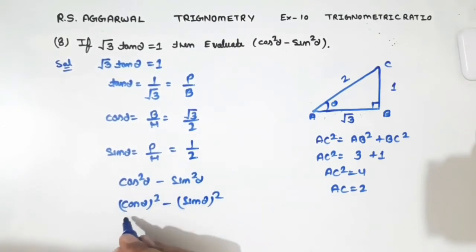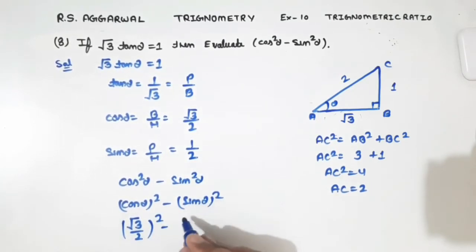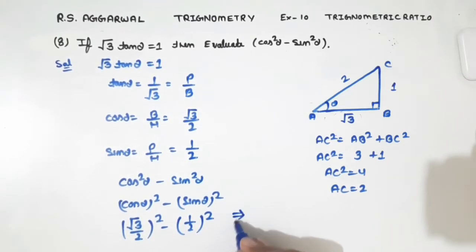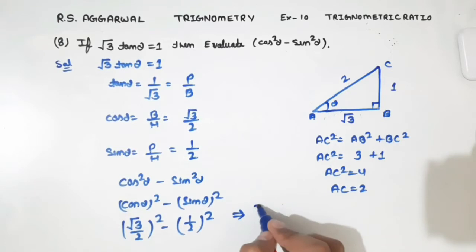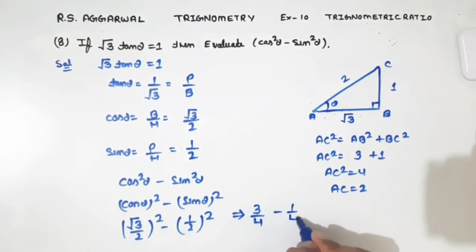So cos theta is under root 3 upon 2 whole square minus sin theta, that will be 1 upon 2 whole square. So from here under root 3 upon 2 whole square will be 3 upon 4 and 1 upon 2 whole square will be 1 upon 4. So that will be equal to 1 upon 2.